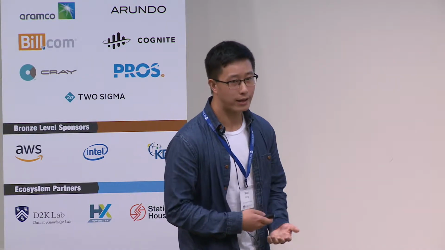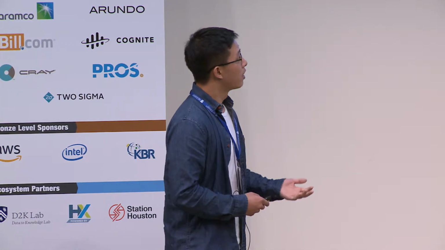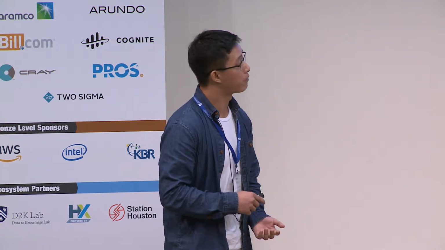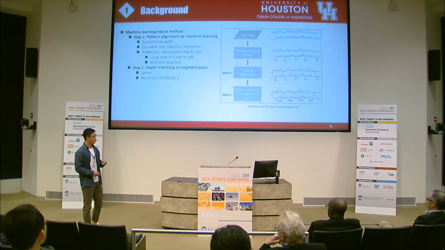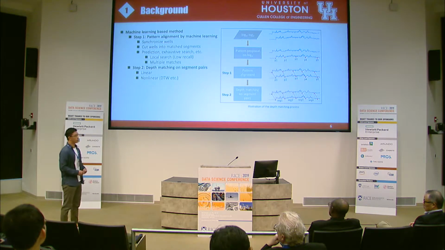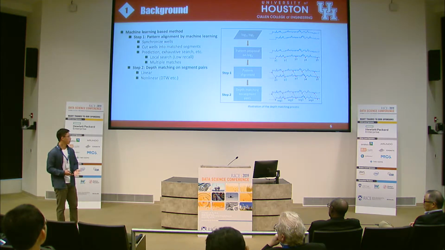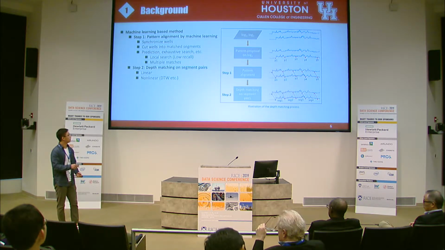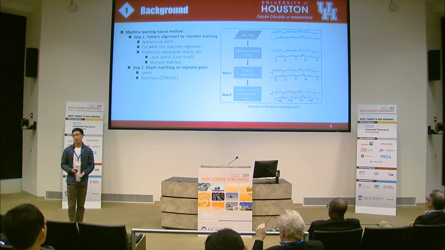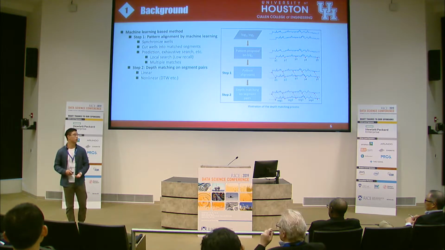The idea behind this is that usually the more proposed patterns are aligned on the gamma logs, the shorter the segment will be, so the more reasonable it is to adopt a linear or nonlinear matching strategy. So the main work of depth matching will be to align these patterns on different gamma logs. Several works have been proposed to do this first step.